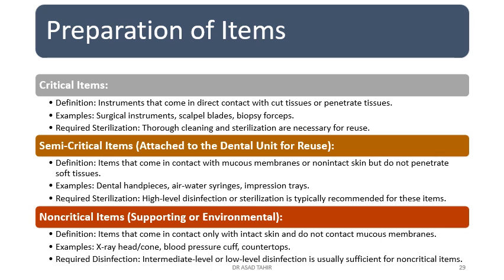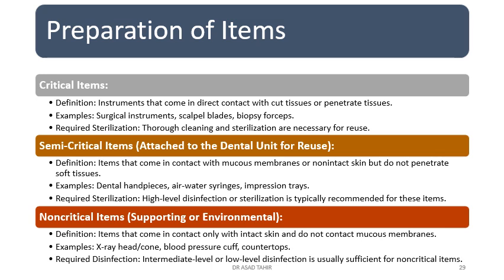Semi-critical items attached to the dental unit for reuse. Definition: items that come in contact with mucous membranes or non-intact skin but do not penetrate soft tissues. Examples: dental handpieces, air-water syringes, impression trays. Required sterilization: high-level disinfection or sterilization is typically recommended for these items.